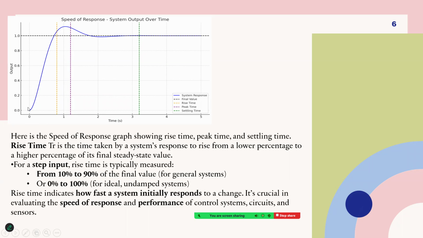How the system responds to reach its 90% or 100% value is known as rise time. Rise time indicates how fast a system initially responds to a change. It is crucial in evaluating the speed of response and performance of control system circuits and sensors.